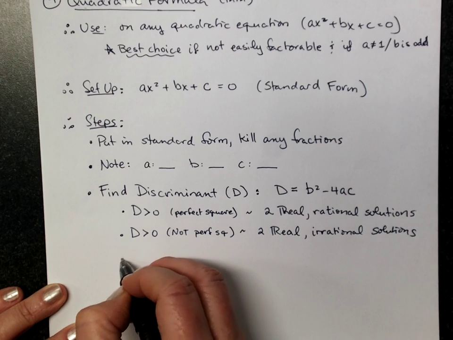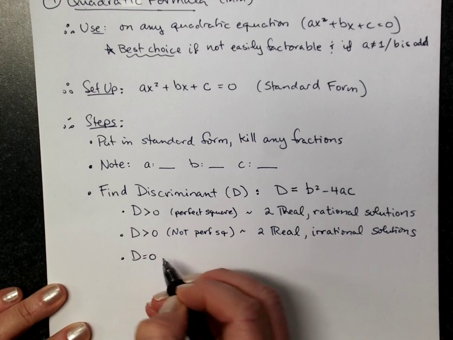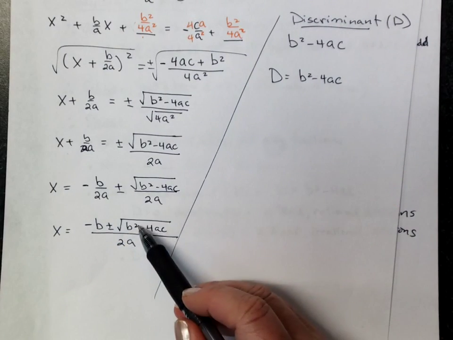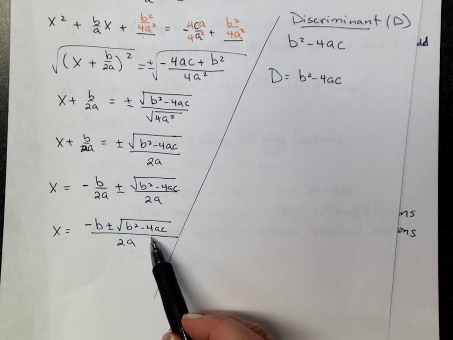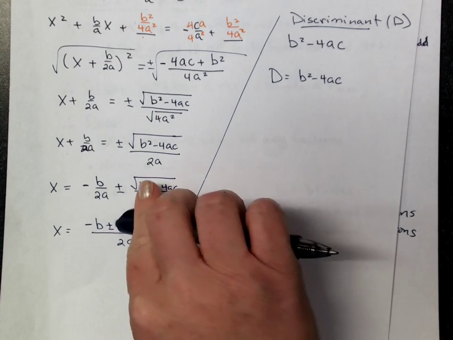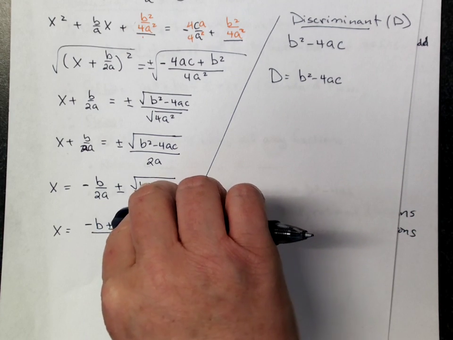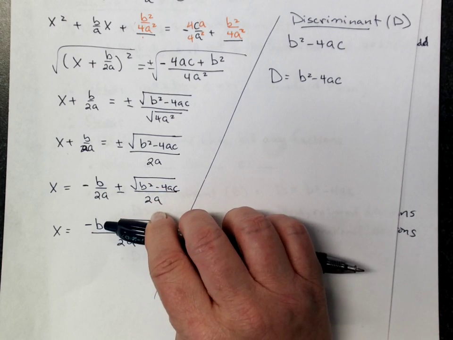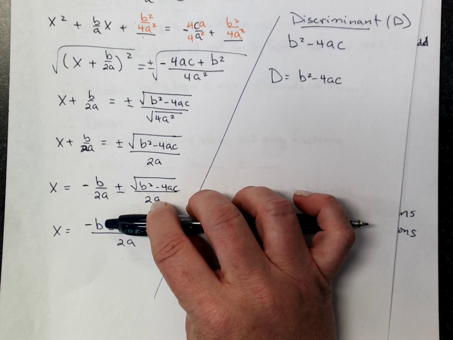Now, if D is equal to 0, what is the square root of 0? 0, right. Is there any difference between plus 0 and minus 0? No. So how many solutions will you have? Just one, and the solution will be negative b over 2a.